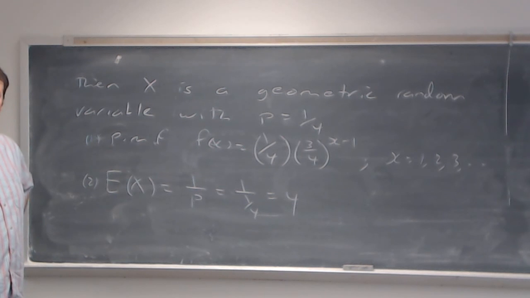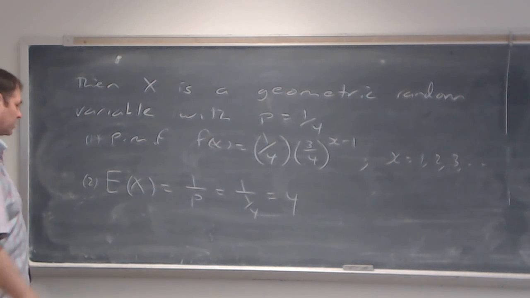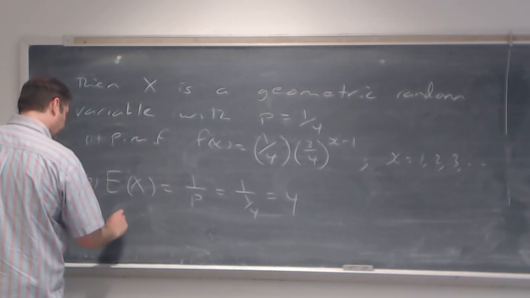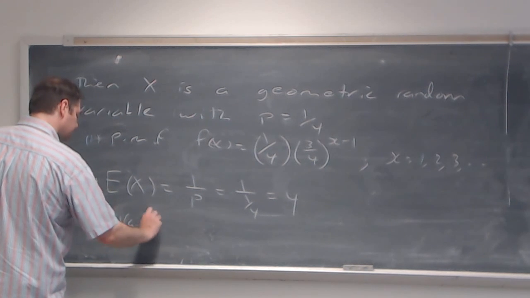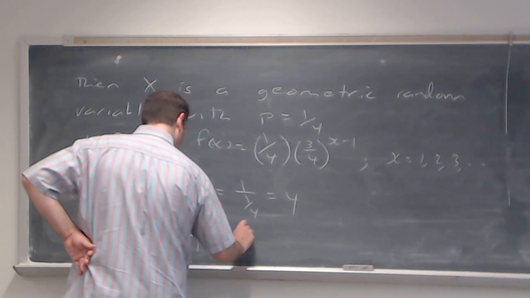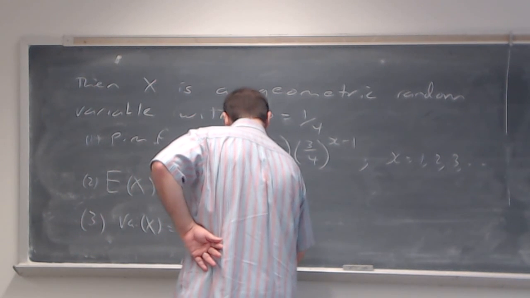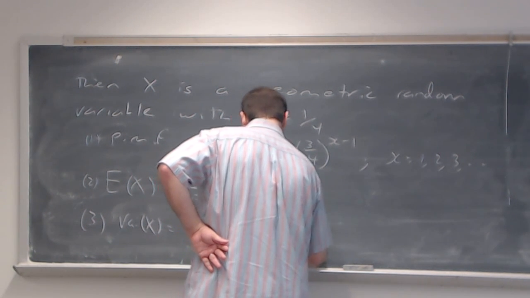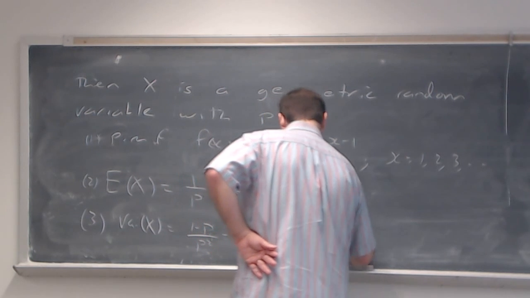Yeah, on average, it'll take us 4 times to get the first heart. And the variance of x, that's (1 minus p) over p squared. That's equal to 3/4 divided by (1/4) squared. That ends up being 3/4 times 16, which is 12.